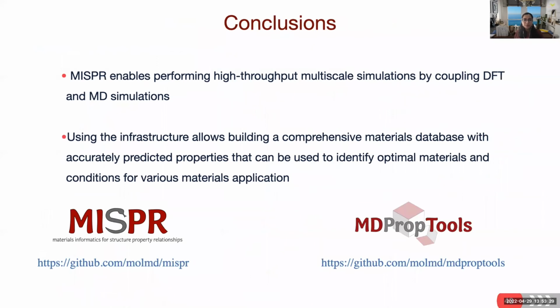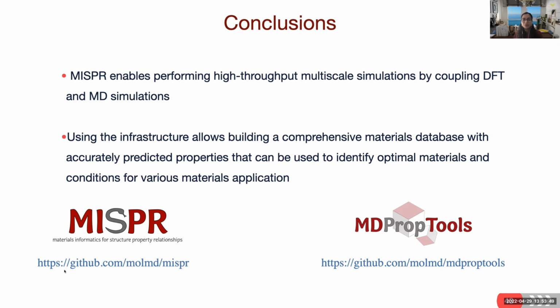So hopefully I was able to give you some idea of the 2 open source code bases that our lab developed, MISPR and MDProp tool. We recently made them available on GitHub, so please feel free to check them out if you're interested. We are currently working on their documentation, so if you have any questions, please let us know.